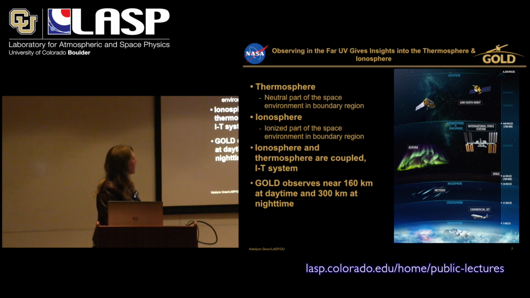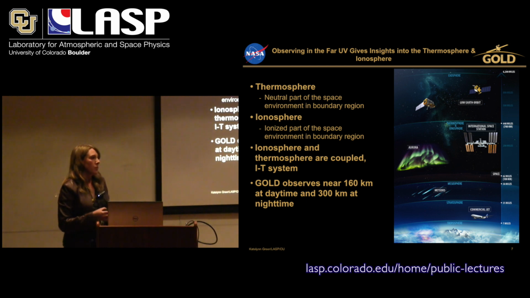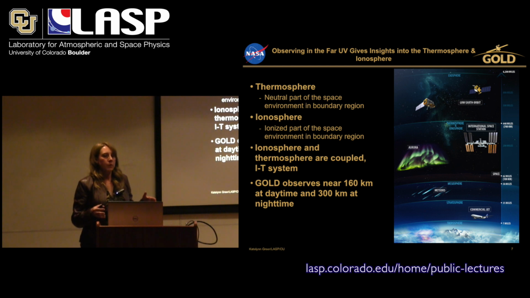It goes all the way up to the exosphere. The exosphere is where gases exit the Earth's sphere of influence. So the thermosphere is the neutral portion of the far reaches of Earth's atmosphere where it meets space.